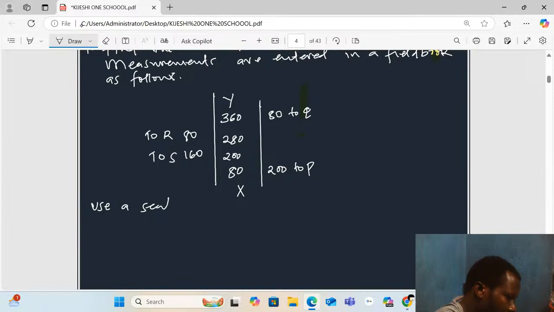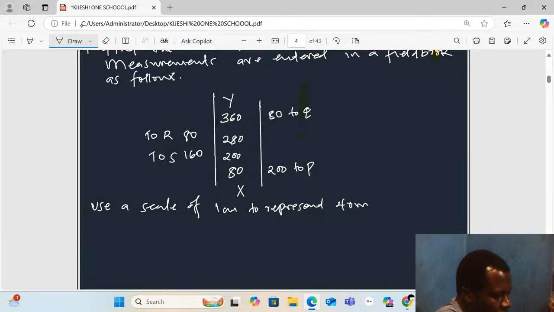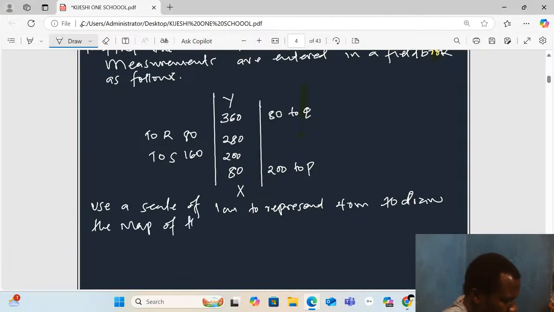Now the question asks: use a scale of 1 centimeter to represent 40 meters to draw the map of the coffee field.